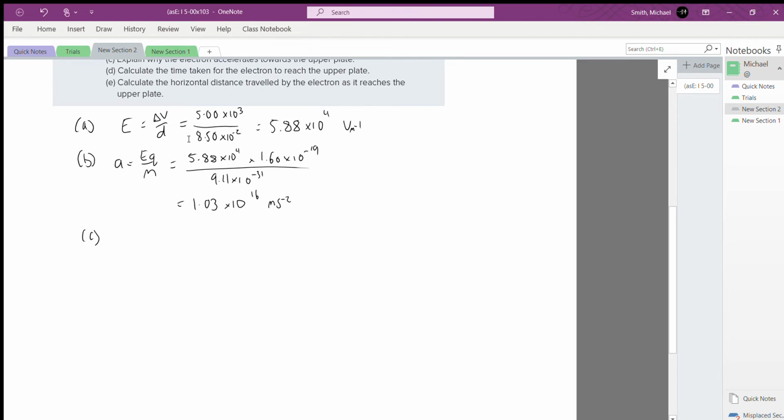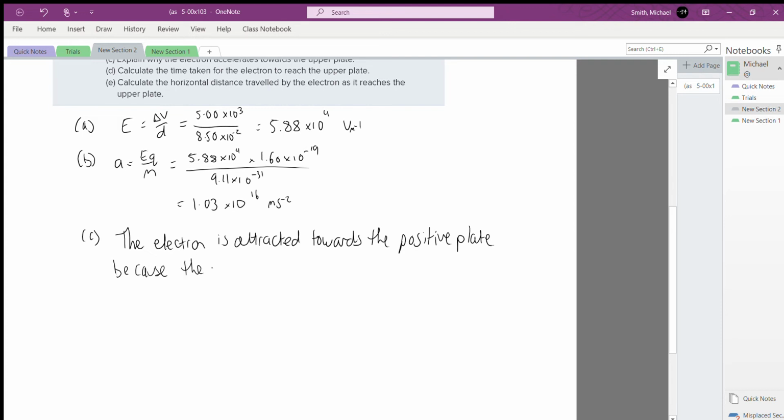So we can make two notes about this. So first, the electron is attracted towards the positive plate because the electron is negatively charged.